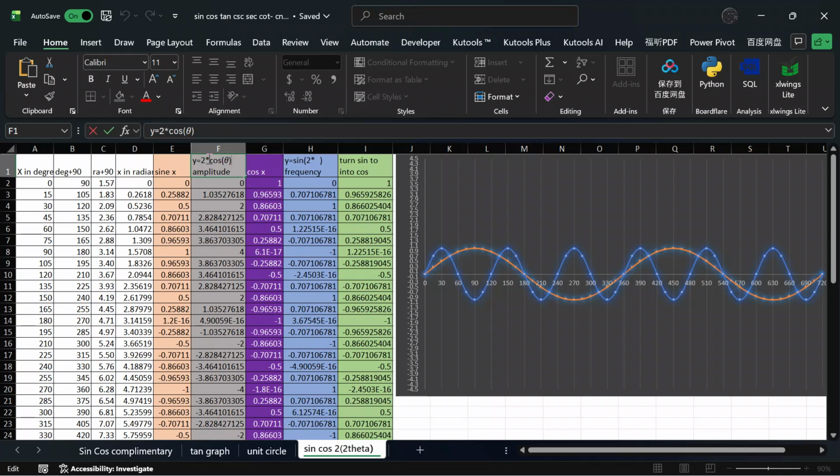As long as the multiplication is carried out outside the parenthesis, you will influence the height, which is also called the amplitude. It can either stretch up or squash down.